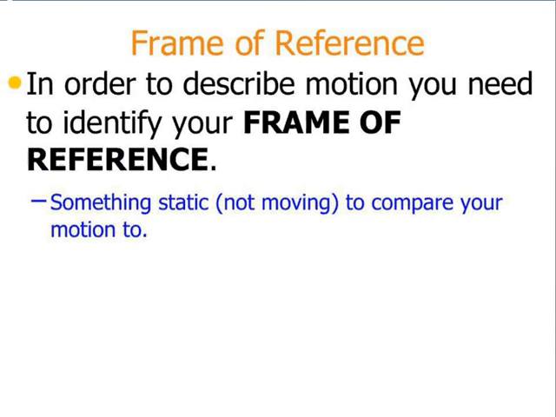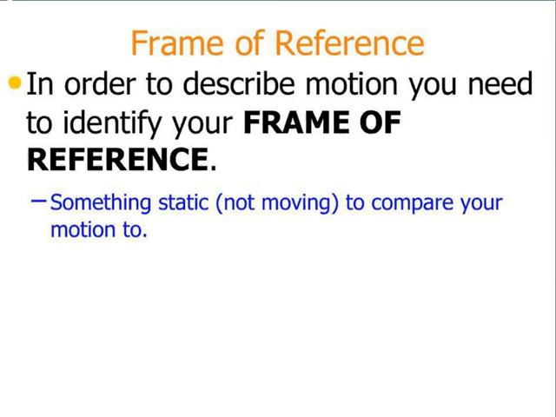The first thing we need to know is that if you are talking about motion, the only way that you can determine that motion is occurring is by having a frame of reference. I'm sure that you have been riding down the road in a car and had a car right beside you and looked out the window and kind of felt a little bit like you weren't moving because you were both moving side by side at the same speed. So if you were just looking at the car beside you, you'd have no idea that you were moving.